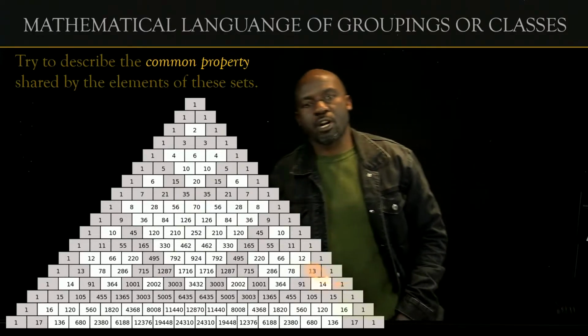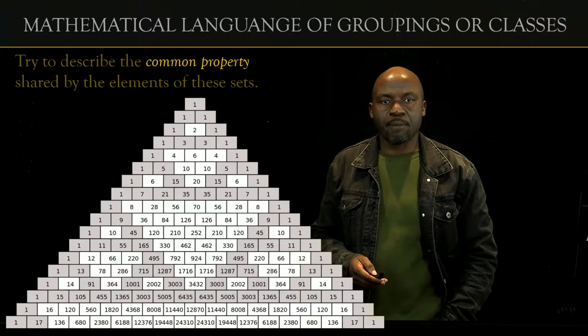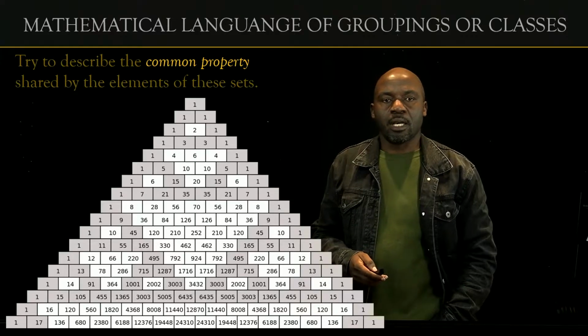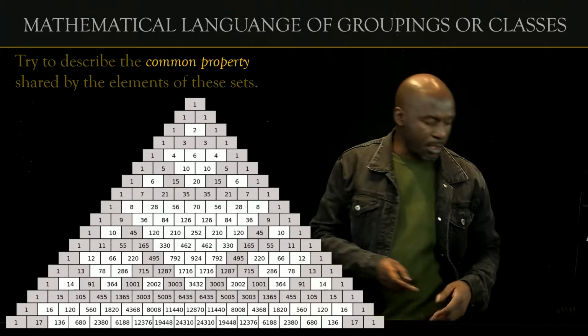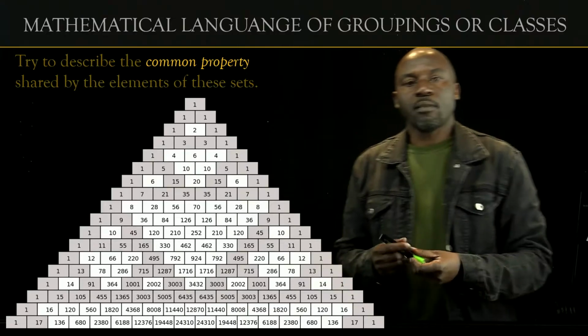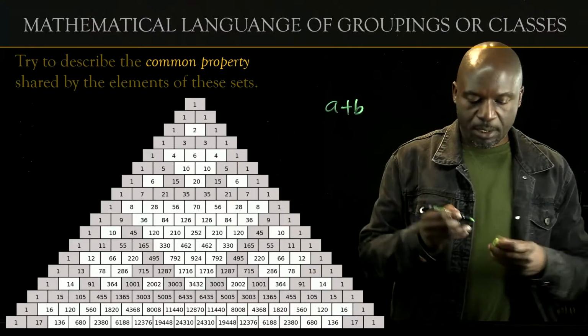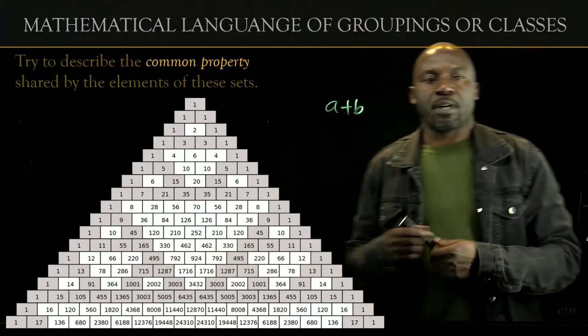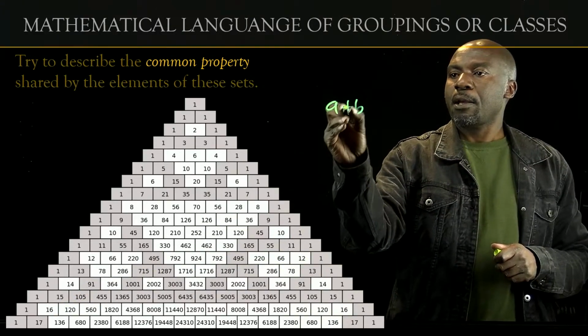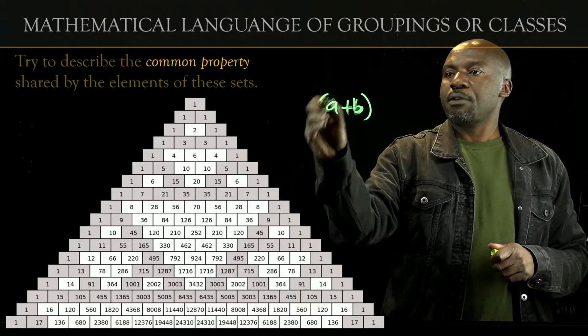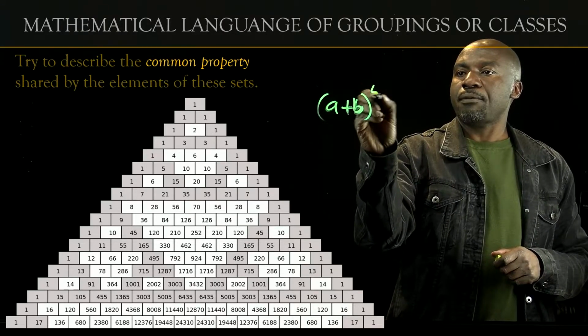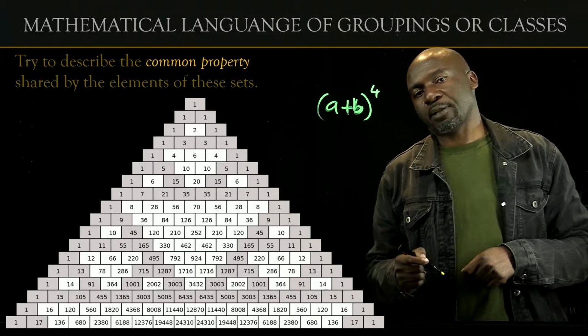We use Pascal's triangle when we are expanding a binomial expression. If I wanted to find a plus b, everything to the power of, let's say, 4, then I can use Pascal's triangle.